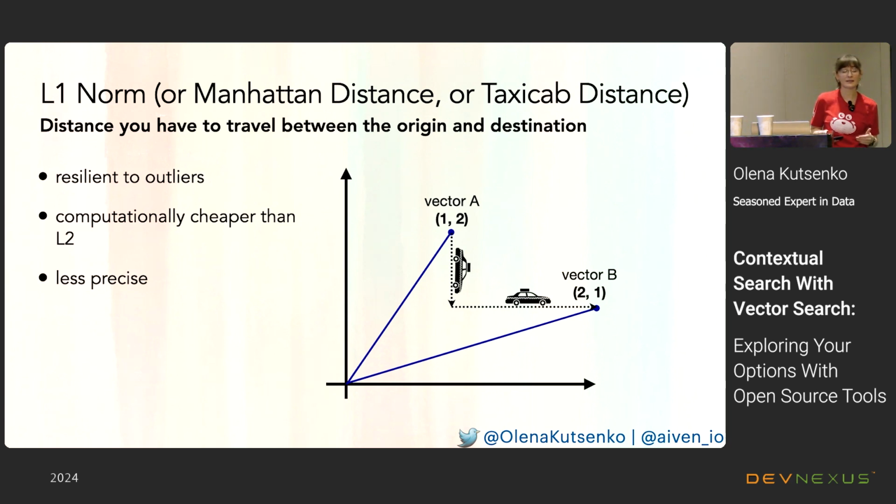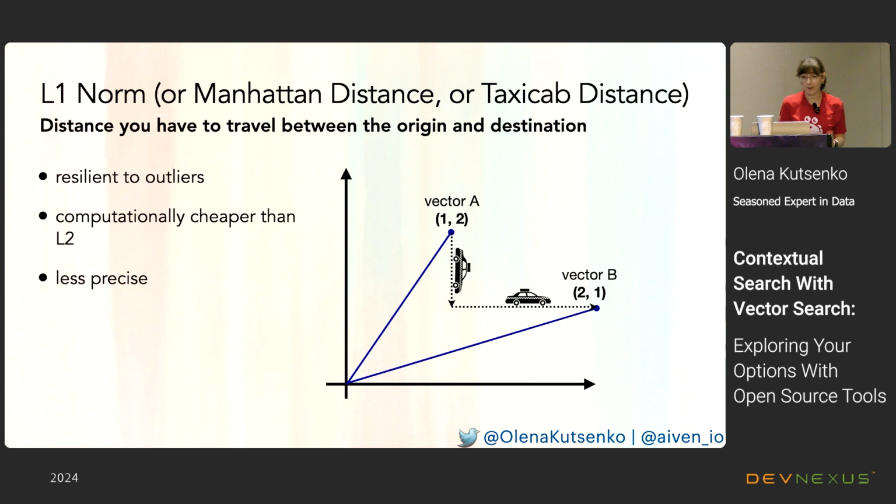It's more resilient to outliers because we are not squaring the numbers, and it's way cheaper to calculate. So if performance is super important and you used L2 before, you might consider switching to L1 and see if it's still precise enough, because it will probably give you a less precise distance metric, but it will be faster.